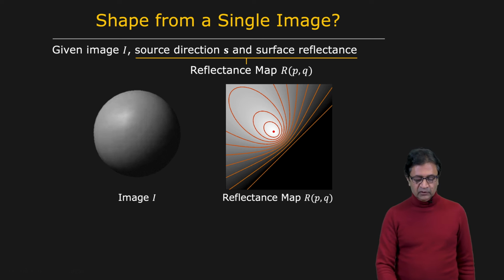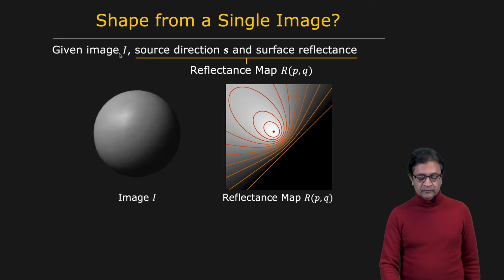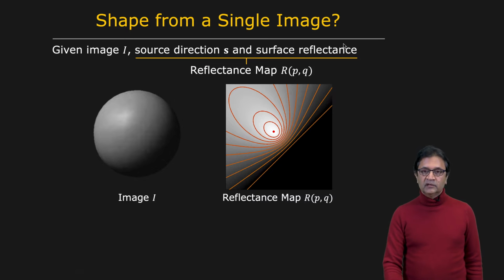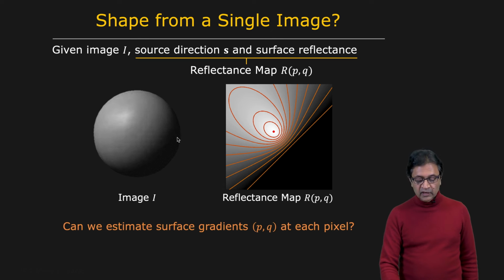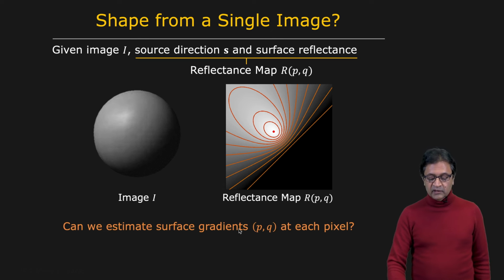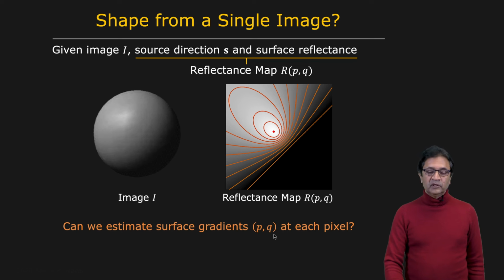So, in other words, if you're given an image I, and you're given the source direction and the reflectance properties, we know that the source direction plus surface reflectance together can be combined to be represented as the reflectance map, R(P,Q). We've seen that already. So given R(P,Q) and given a single intensity value, can we actually estimate the surface gradient PQ at that particular point? And the answer is no.